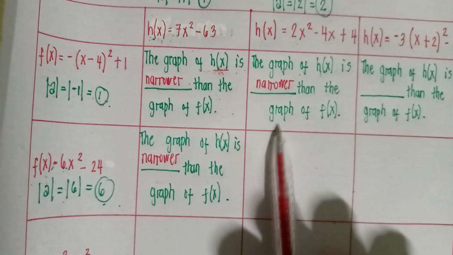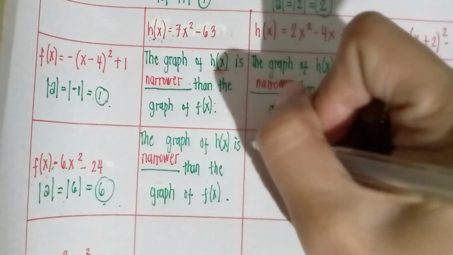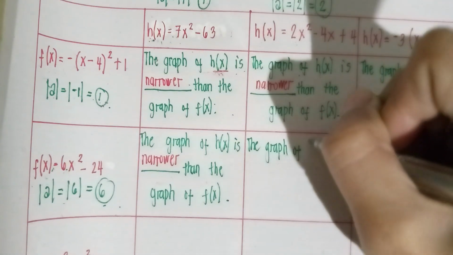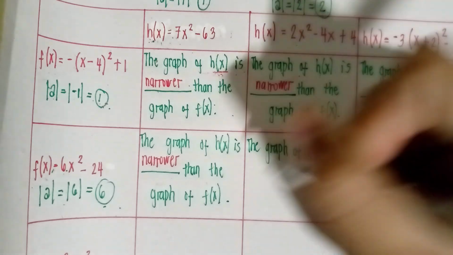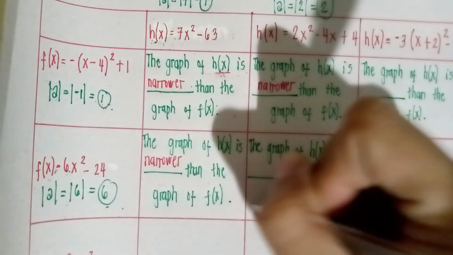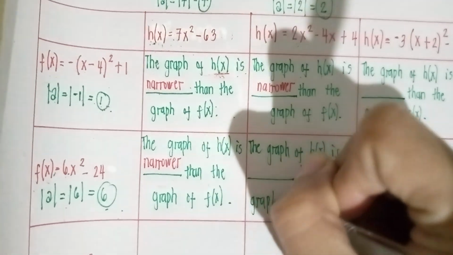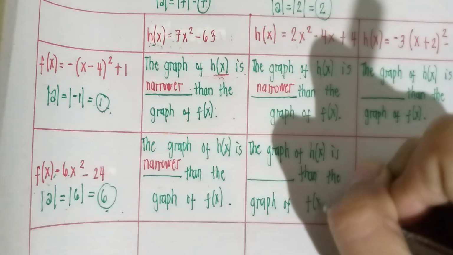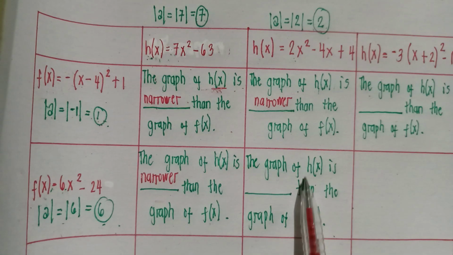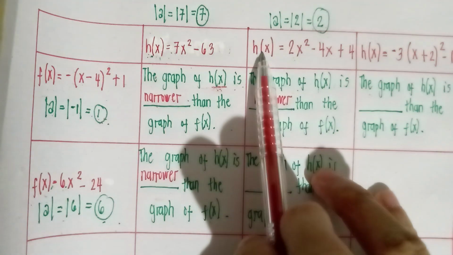Next, here at the bottom is the graph of h of x is blank than the graph of f of x. In this box, the quadratic function at the top is this one.